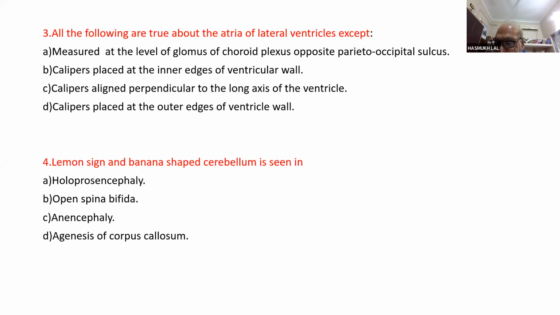because we heard it directly from Kypros. Kypros said he accidentally discovered this lemon and banana sign in 1980. So open spina bifida, this lemon and banana was discovered by him. And in 2009, the intracranial translucency was discovered by Rabi Shavi, a friend of Ashok Khurana sir.